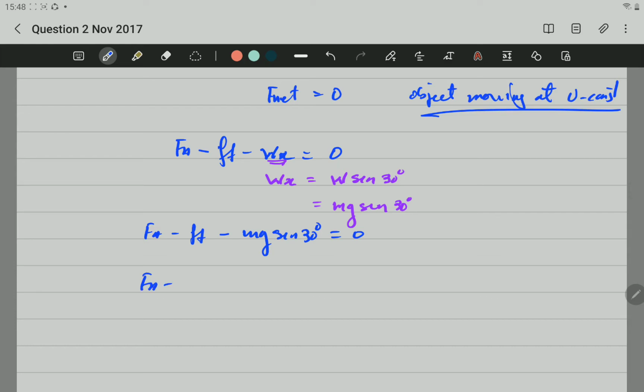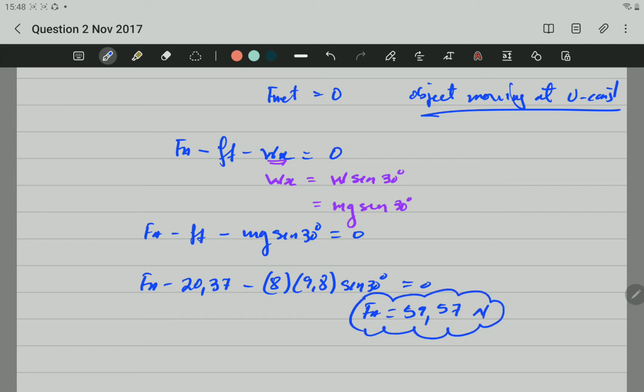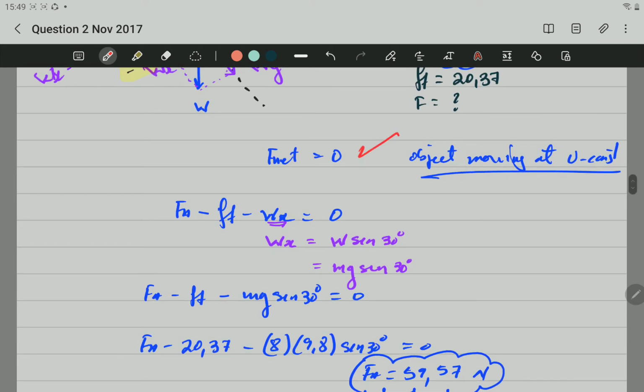Applied force minus frictional force, which is 20.37, minus 8 multiplied by 9.8 sine 30 degrees is equal to 0. The final answer for the applied force is 59.57 newtons. That is the final answer for this question. If you mark your work, there will be 1 mark for the starting point, which could be either this one here or here.